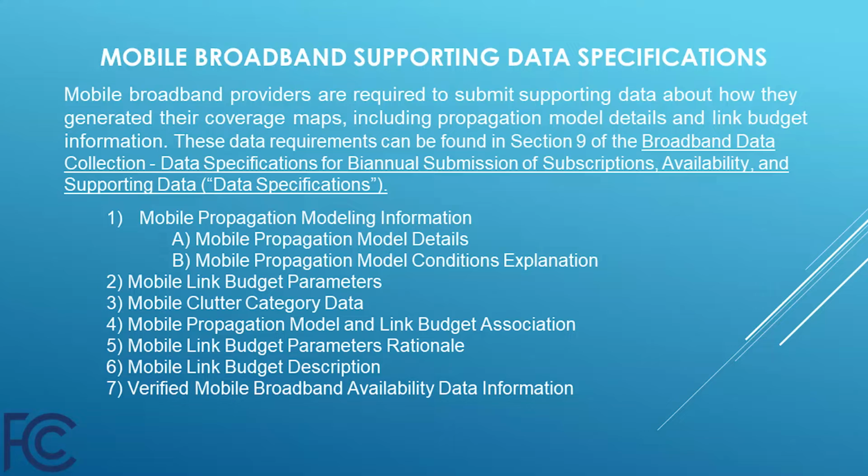Two, mobile link budget parameters. Three, mobile clutter category data. Four, mobile propagation model and link budget association. Five, mobile link budget parameter rationale. Six, mobile link budget description. And seven, verified mobile broadband availability data information.